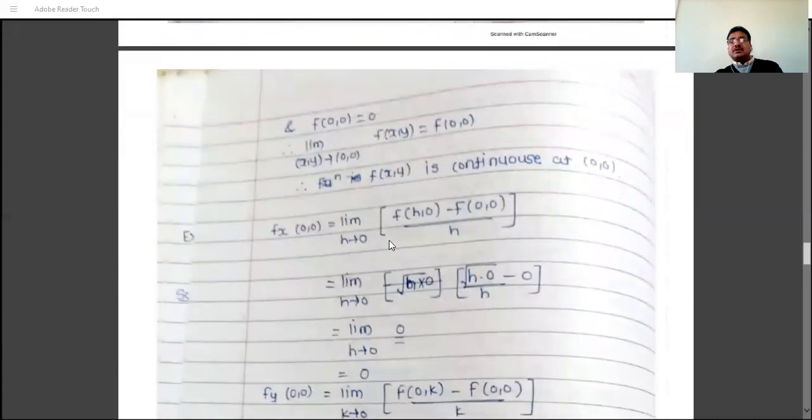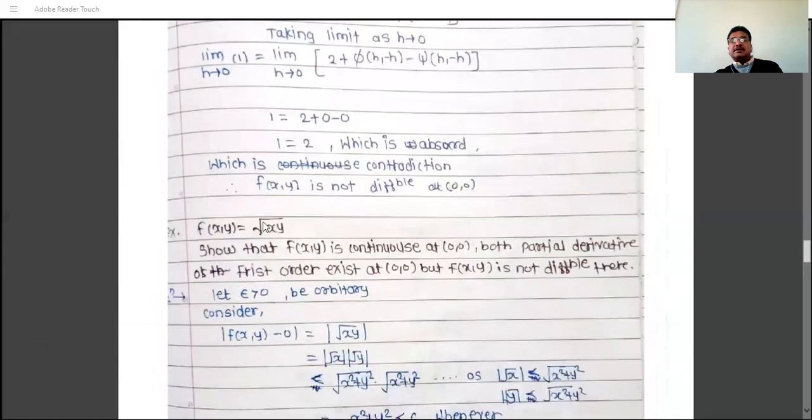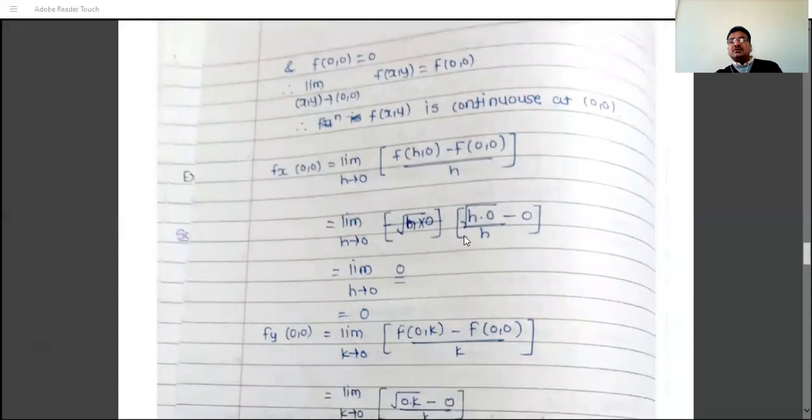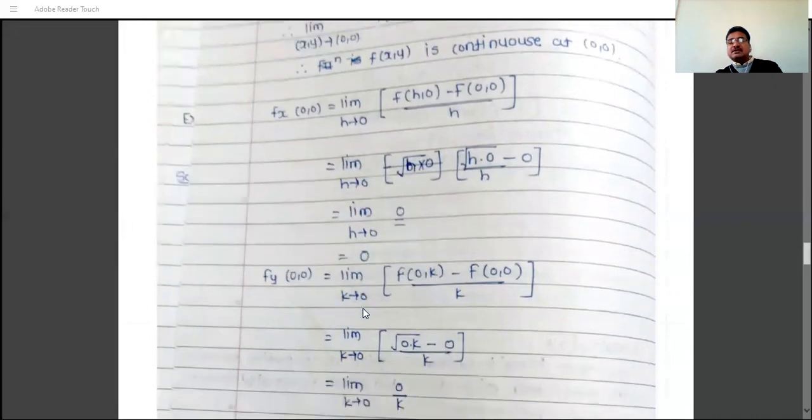Now f_x(0,0) is the limit as h tends to 0 of f(h,0) minus f(0,0) divided by h, by using the definition. And f(h,0) is root of h into 0, minus f(0,0), which is root of 0 into 0, divided by h. Root h into 0 is 0, and root 0 is 0. So 0 minus 0 by h is 0, and the limit of 0 is itself 0.